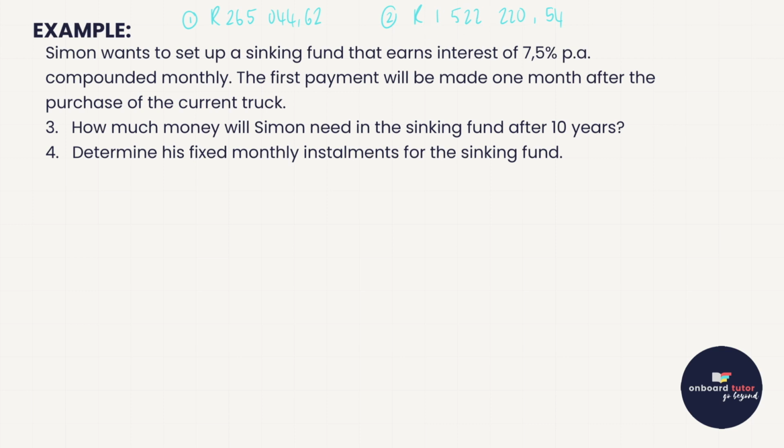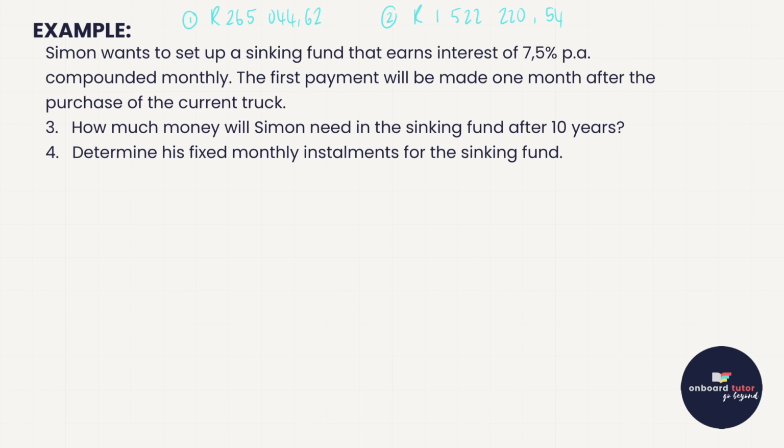It's better to save. It looks like he's got a good interest rate, so it earns 7.5% interest per annum, compounded monthly, and the first payment will be made 1 month after the purchase of the current truck. So remember when we looked at that annuity formula, you take out your investment or your loan and then you start paying at the end of that month.